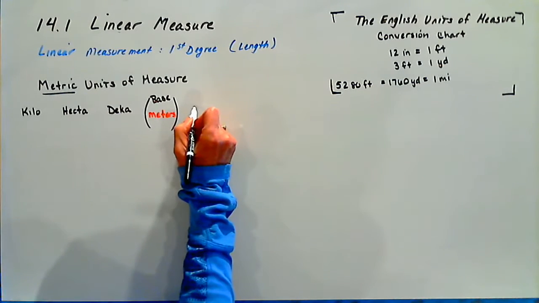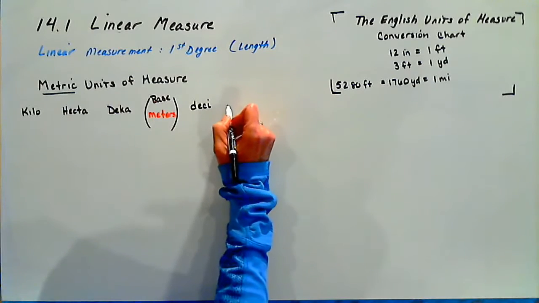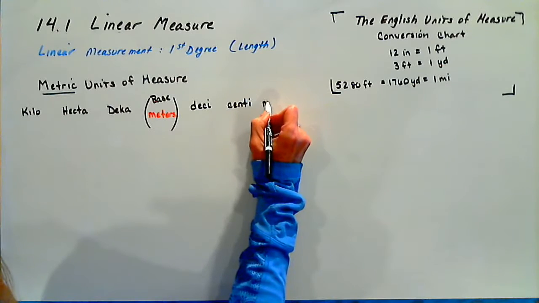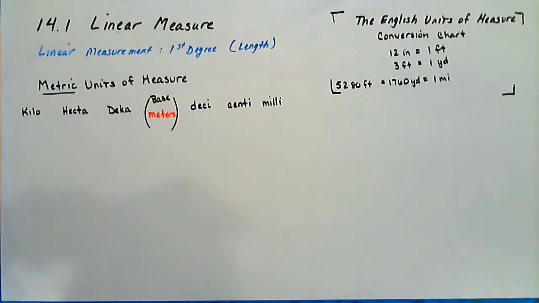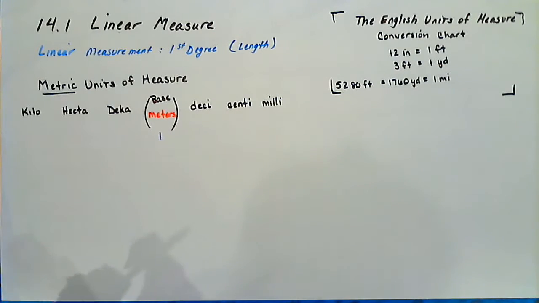Our smaller units, so I use lowercase when I do it, deci for decimeter, centi for centimeter, and our prefix milli for millimeter. And this is what's really lovely about using the metric system, is I'm talking about 1 unit of measure, 1 meter, okay?